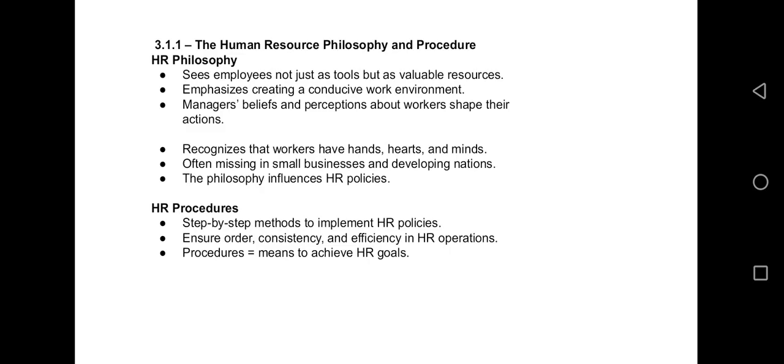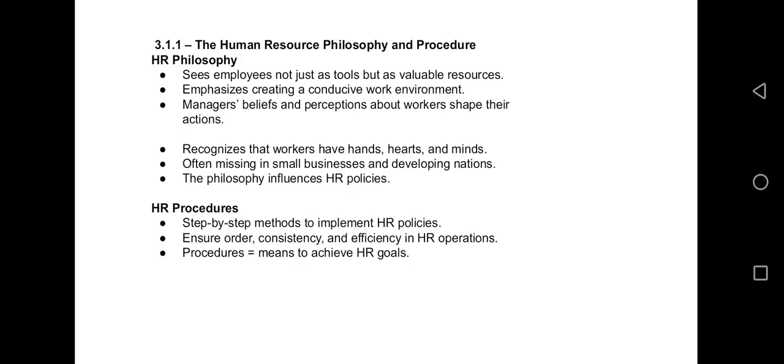3.11, The human resource philosophy and procedure. HRM philosophy. 1. Sees employees not just as tools but as valuable resources. 2. Emphasizes creating a conducive work environment. 3.